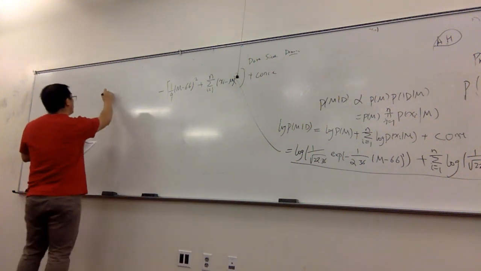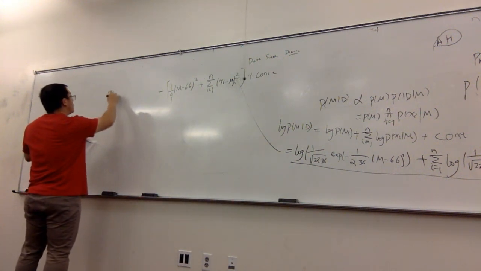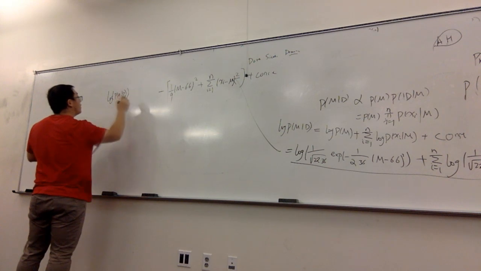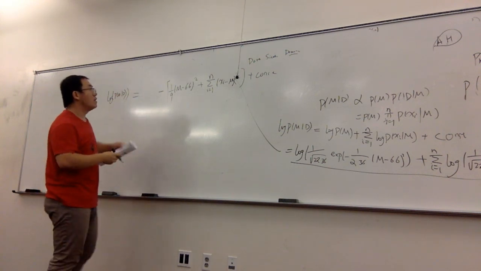Namely, the logarithm of the posterior probability is like this.